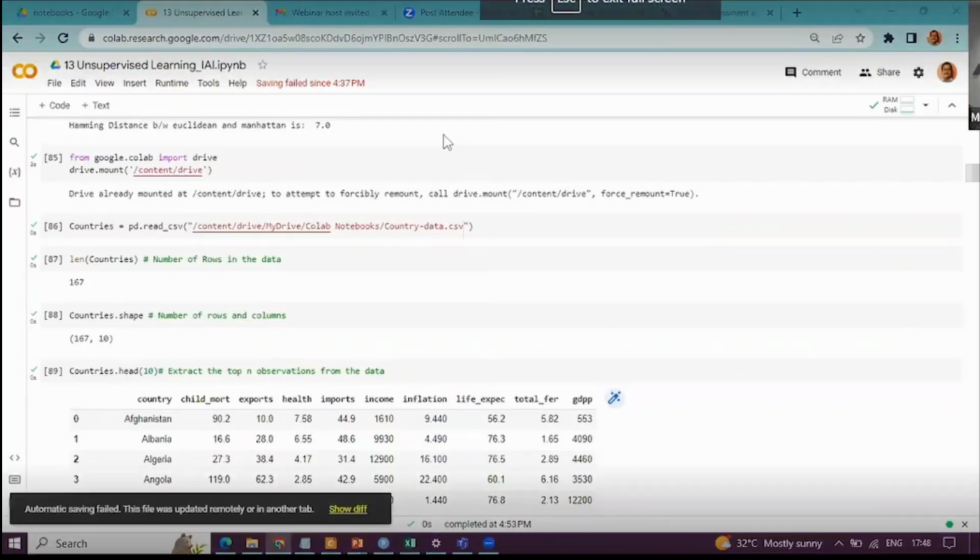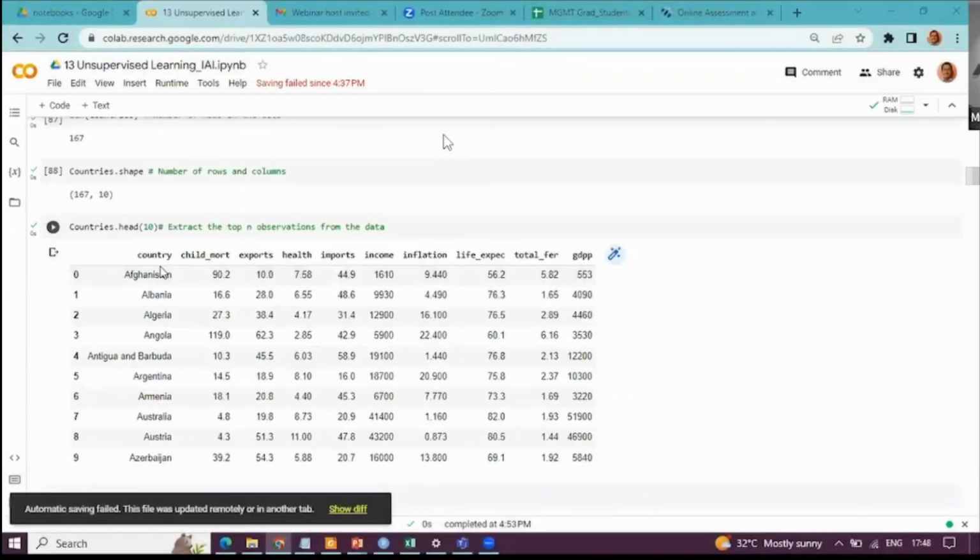Now, for example, in our problem, we had a list of all countries, with child mortality, the amount of exports, the health indicator, the imports, income, inflation, and so on. There are various variables associated with each of the countries.